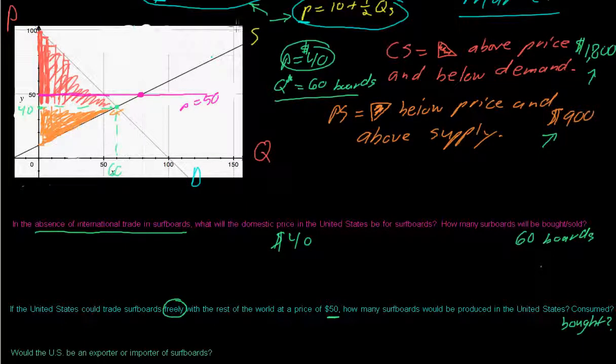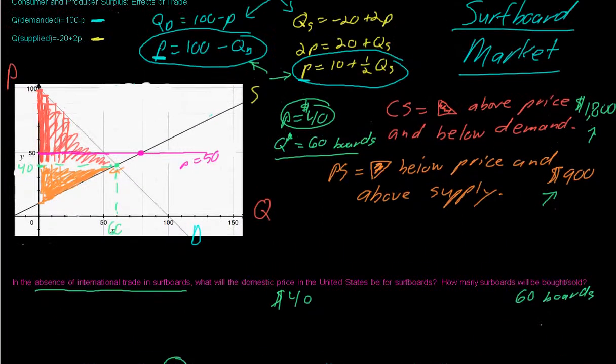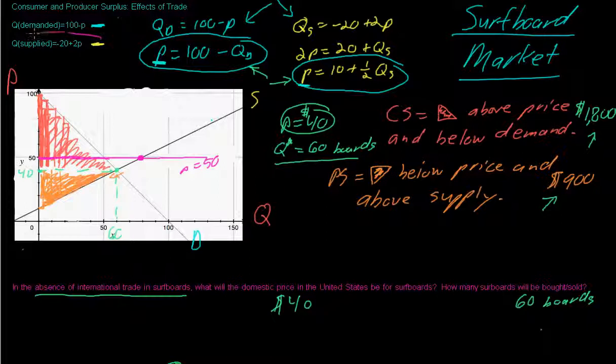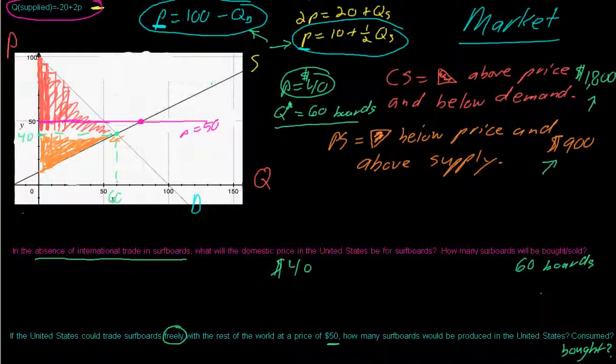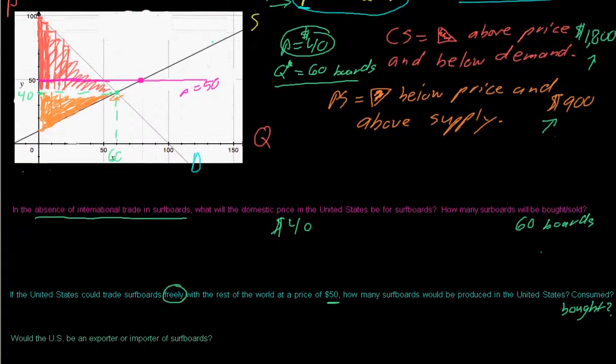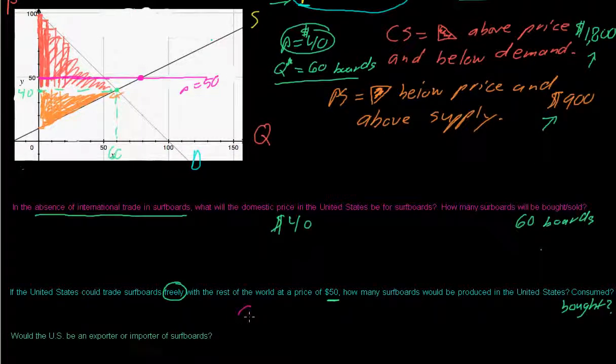Supply is price equal to 10 plus 1/2 times the quantity. So we go back to our supply line, and we're just going to plug in 50 for P. So Q supplied is equal to negative 20 plus 2 times 50.